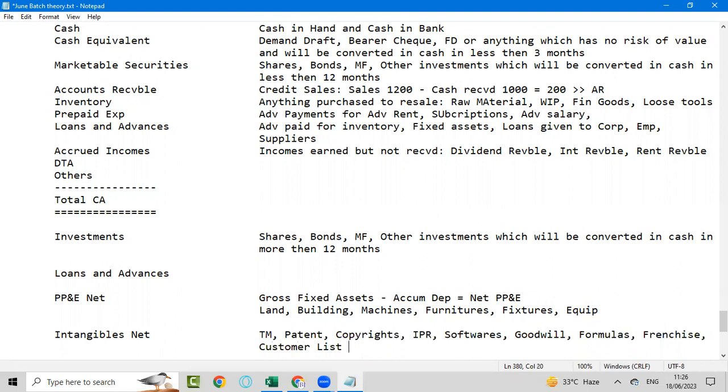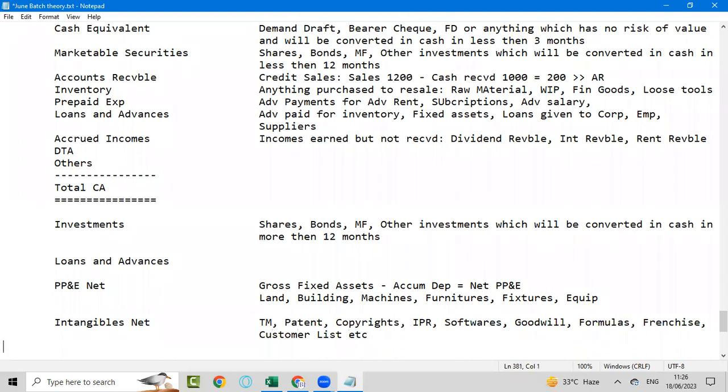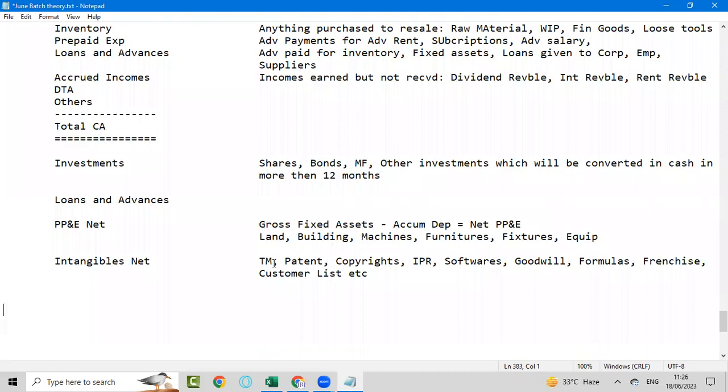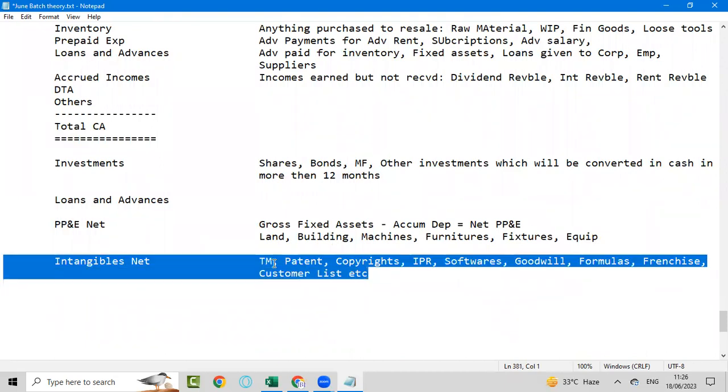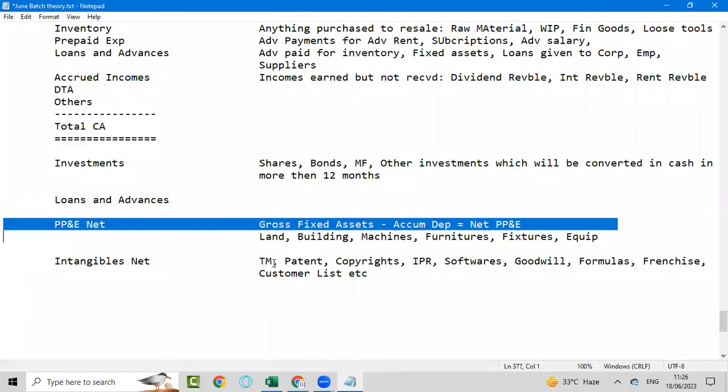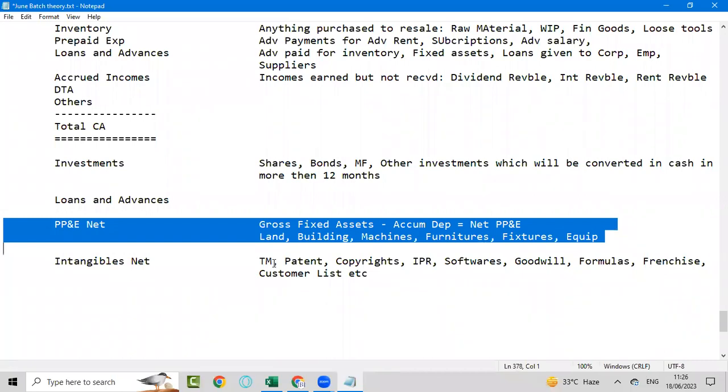Customer list, etc. Intangibles are amortized and fixed assets are depreciated. Okay.